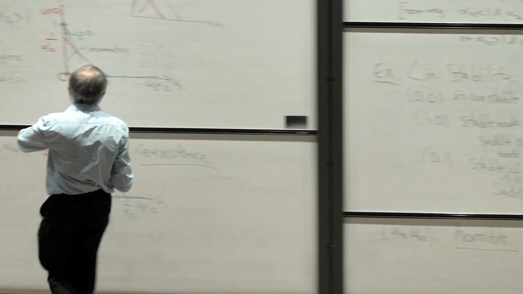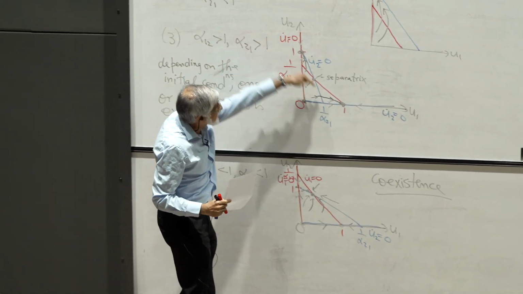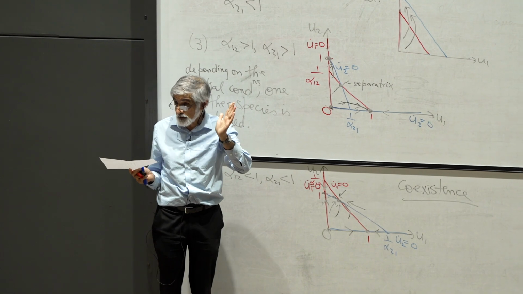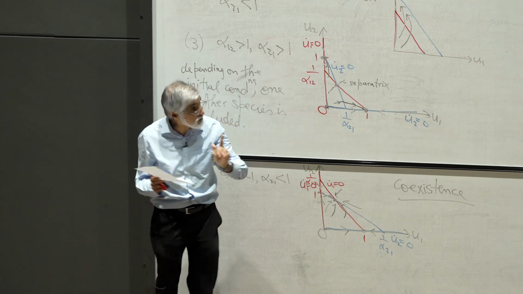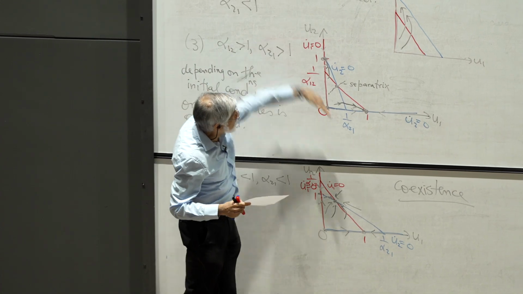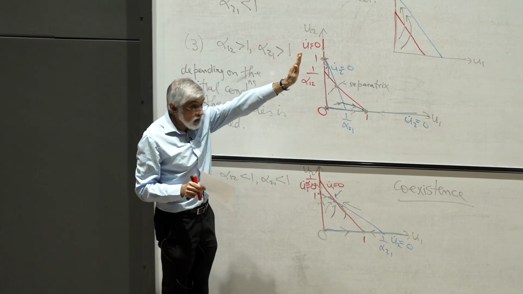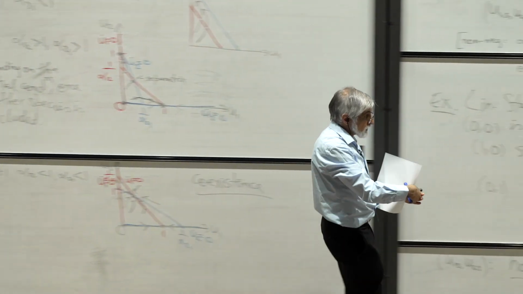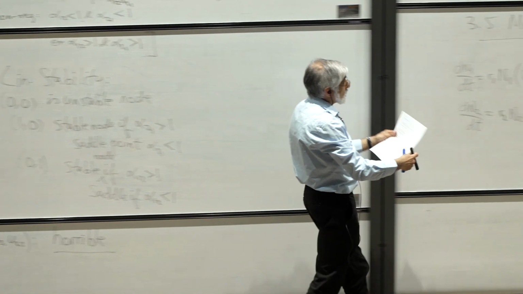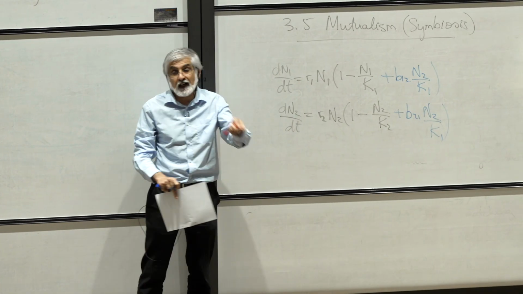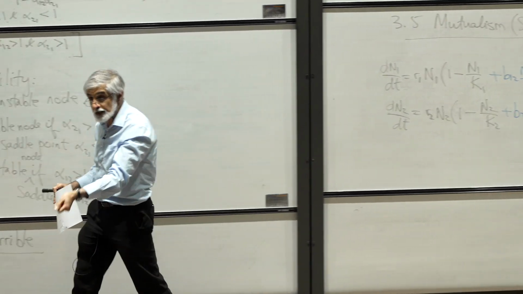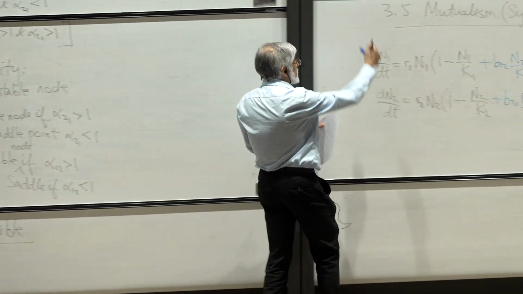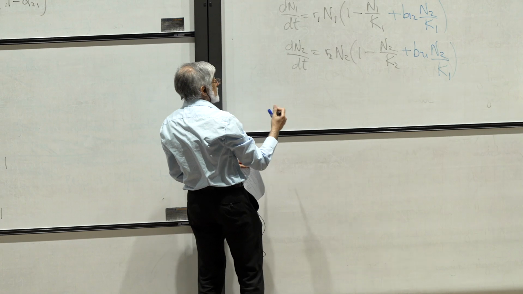these null lines, instead of having a negative gradient, they will have a positive gradient, which means they won't go like this, they'll go like that. So I'll just sketch this. So again, you can non-dimensionalize, find the steady states, do linear stability analysis, etc., etc. I leave that as an exercise. Okay?